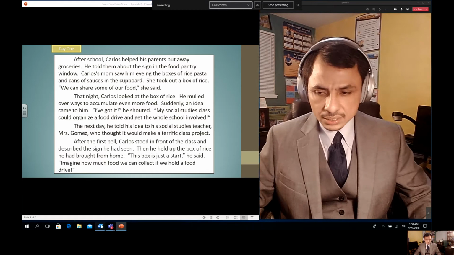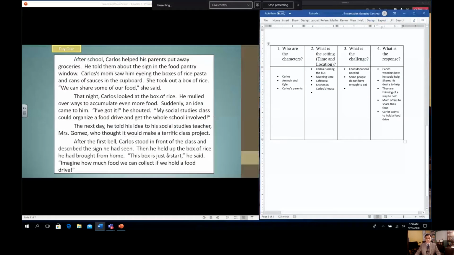And now we can continue the process of asking ourselves these 4 guiding questions. Who are the characters? Any new characters in this paragraph? And the answer is no. And as we continue with the process, we are explaining to our students how we are not always going to have new information to add.